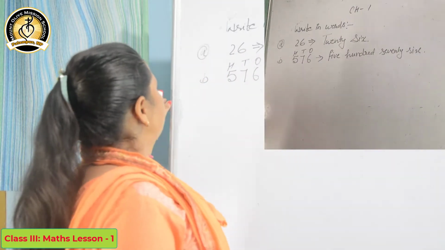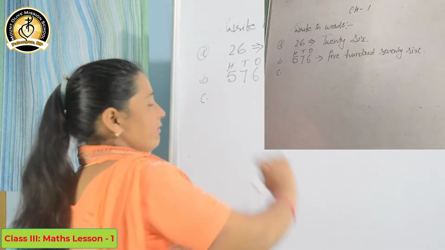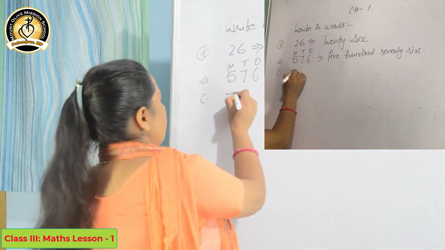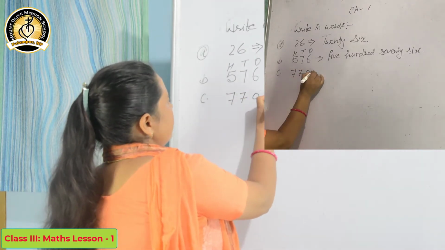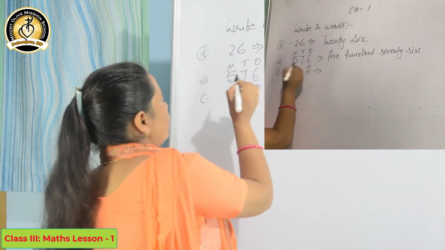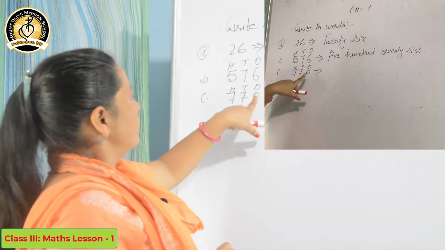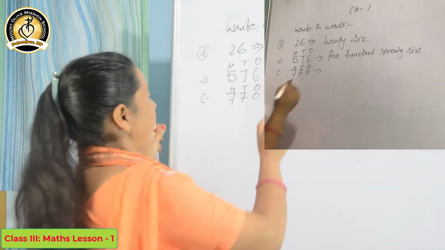Okay, so come on to part C. 770. First of all, write here ones, tens, hundreds. Okay, so 770.